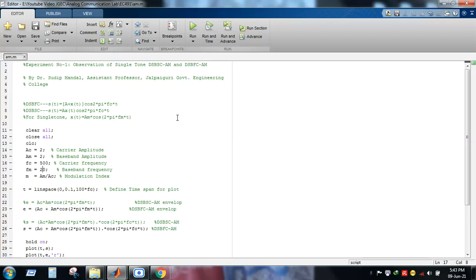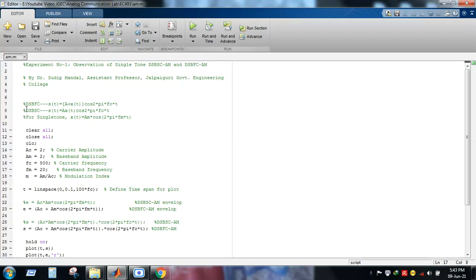If you consider s(t) as the modulated wave, we already know that for the DSB-FC signal, where the carrier is present, the conventional equation can be written as (A plus x(t)) multiplied by cos 2 pi fct, where A is the amplitude of the carrier signal, x(t) is the corresponding baseband signal, and fc is the frequency of the carrier signal.